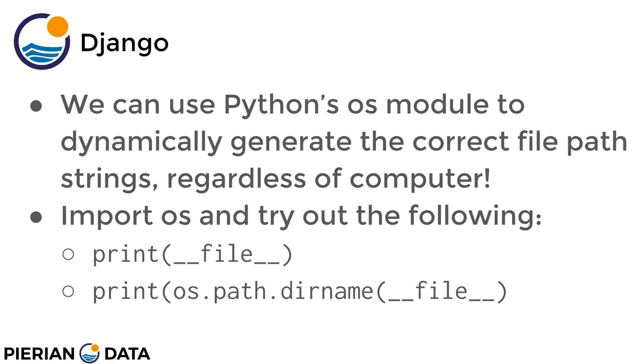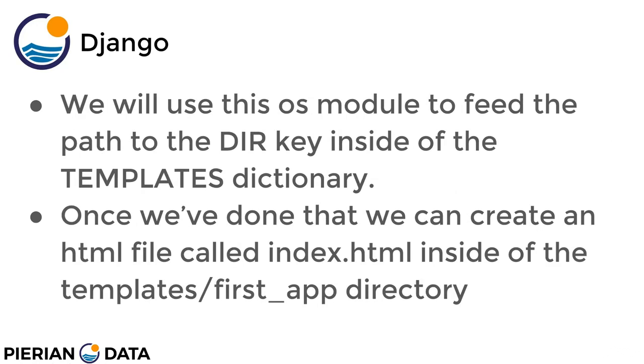And we're going to actually show you examples of this right when we're done with this presentation. But we're going to be using this OS module to feed the path to the dir key inside of that templates dictionary.